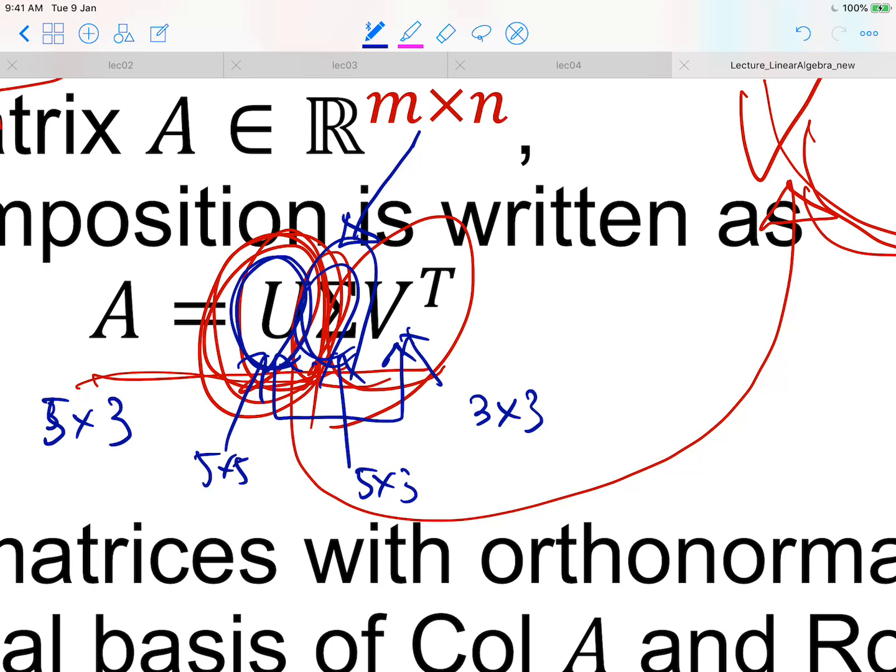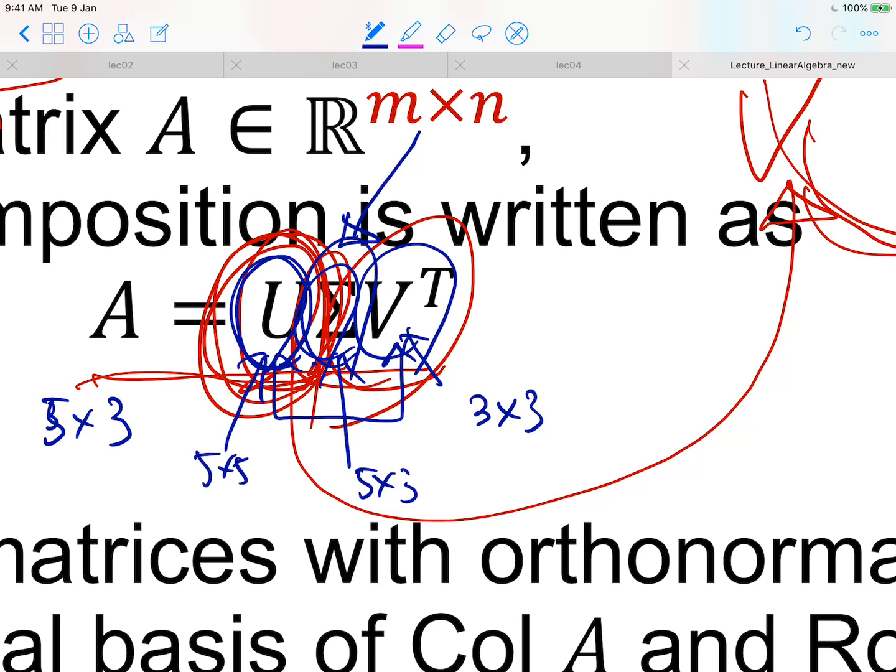Also, the two matrices on the left and the right can now be different matrices, right? So we have additional freedom to represent this matrix A as a product of these three pieces, where the first and third pieces can be separate matrices.